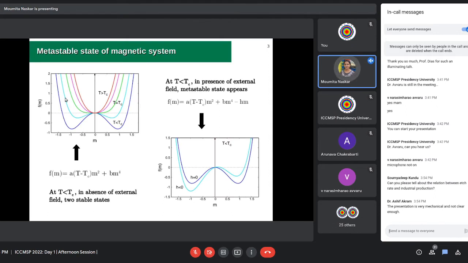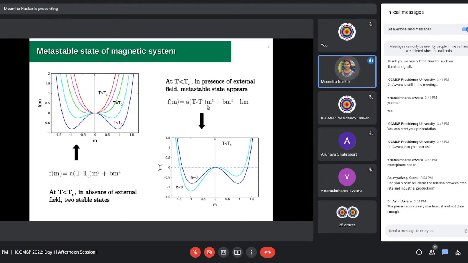First, how does a metastable state appear in a magnetic system? That question can be addressed very simply in the light of the free energy versus order parameter picture, where this free energy is the Landau free energy. This is a very well-known picture of free energy versus order parameter for the Ising system, where below critical temperature the system has two stable states, in the absence of any external field.